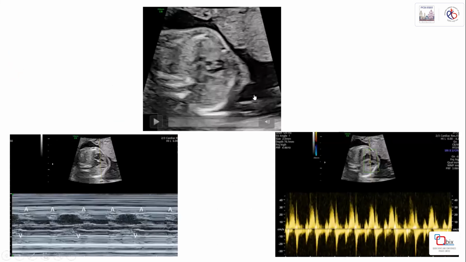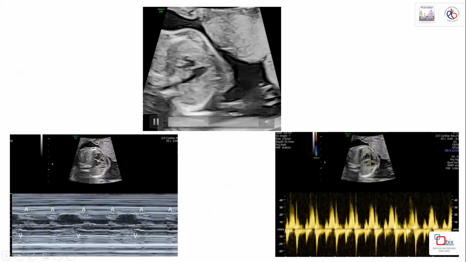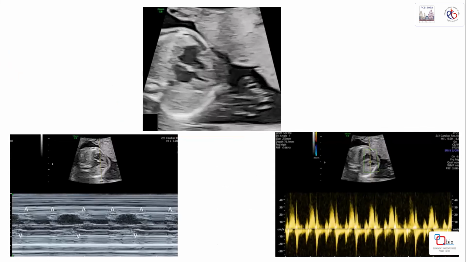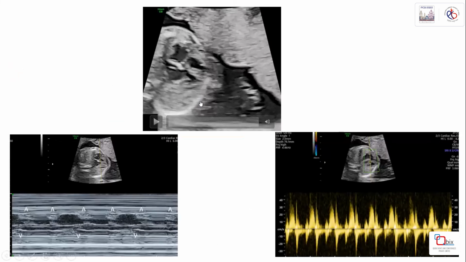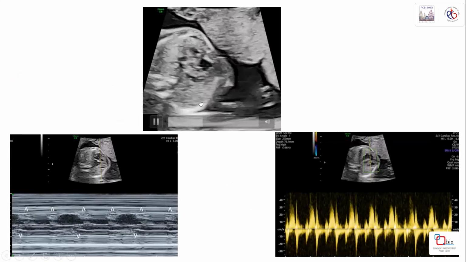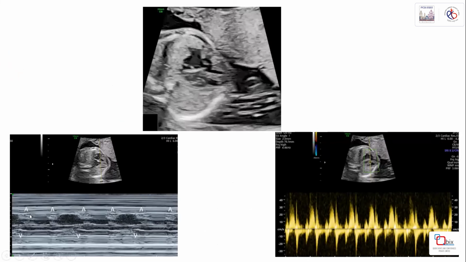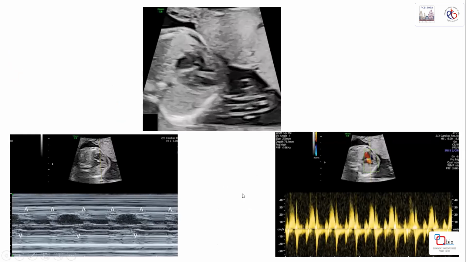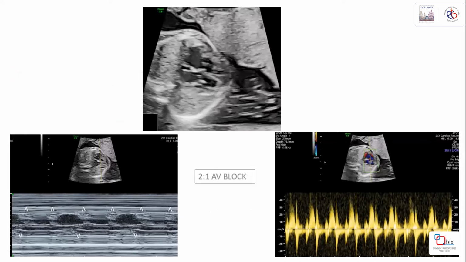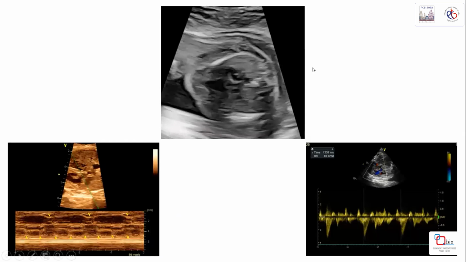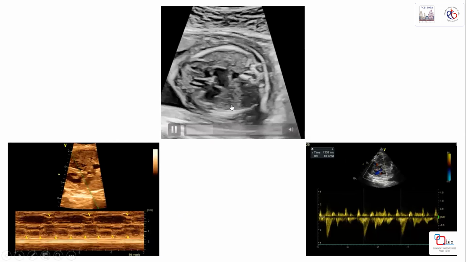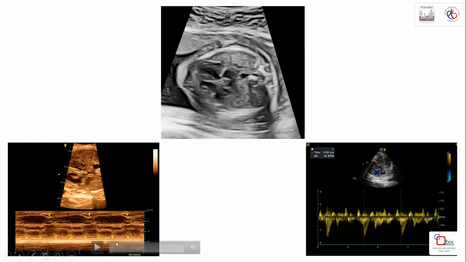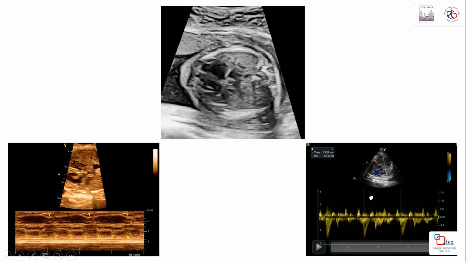Now here we can see that the heart rate is low, around 65, with multiple atrial beats and no coordination.